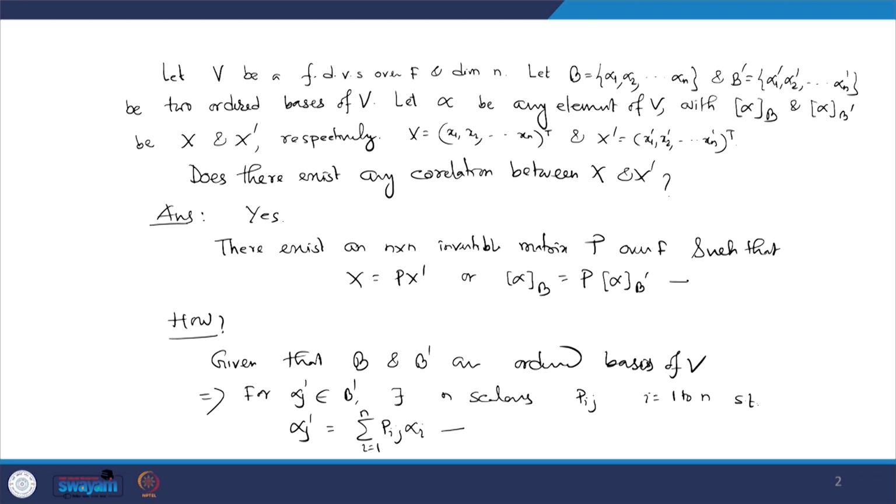So, I have written alpha j prime as a linear combination of the vectors alpha i.